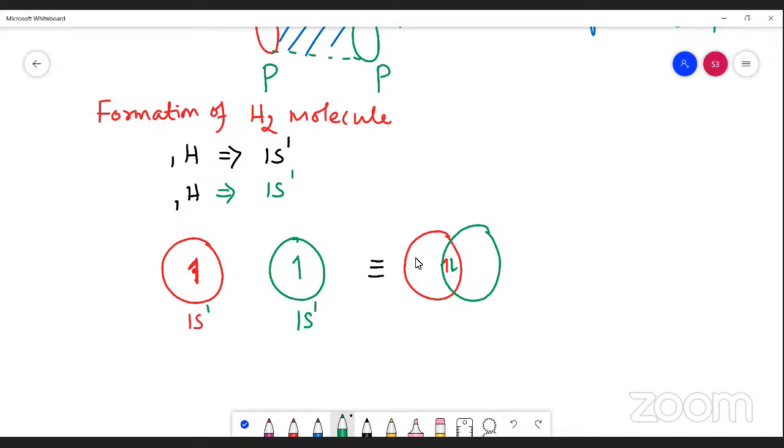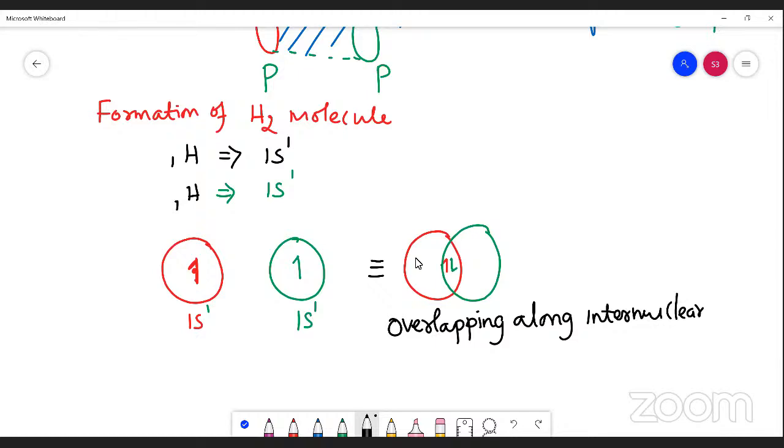That should be overlap. So here overlapping along internuclear axis.